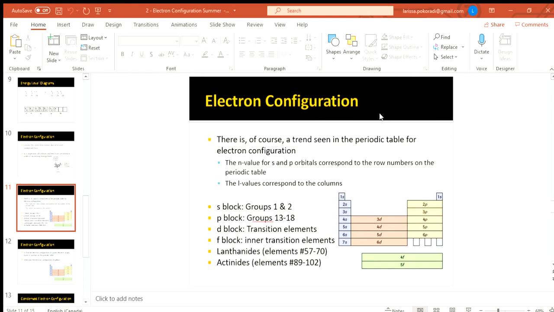So if this is 2p, Ne would be 2p6, Ar would be 3p6, 4p6, 5p6, 6p6. Or if we just want to look at something somewhere in the center, we know this is 2p, this is 3p, this would be 3p, 1, 2, 3, 4. Sulfur would be 3p4. Cool.